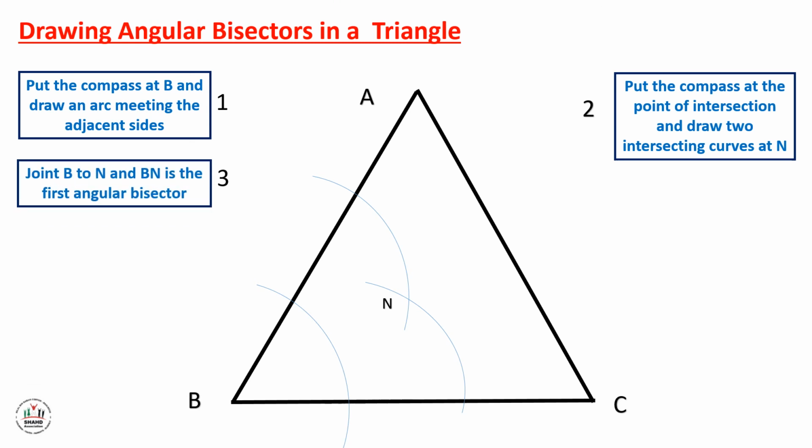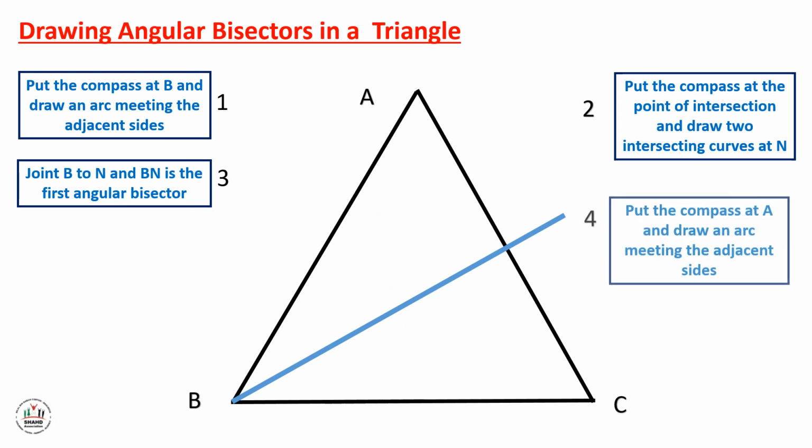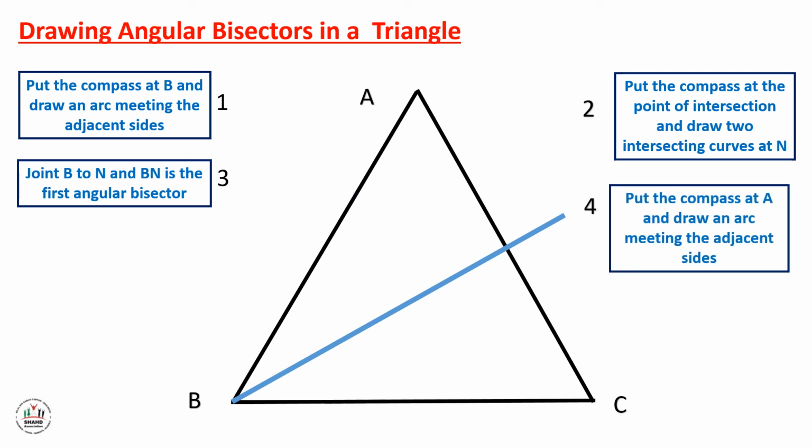Then again, the last step as previously, we join point B with N by using a ruler, of course, and we got the first angular bisector BN for angle ABC. Now we put the compass at A and draw an arc meeting the two adjacent sides again.